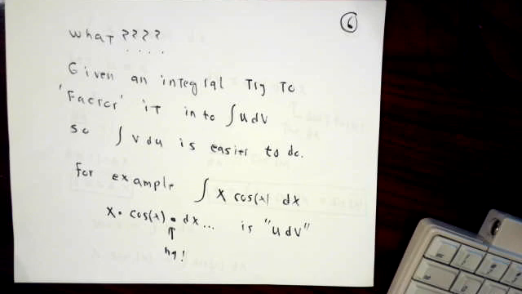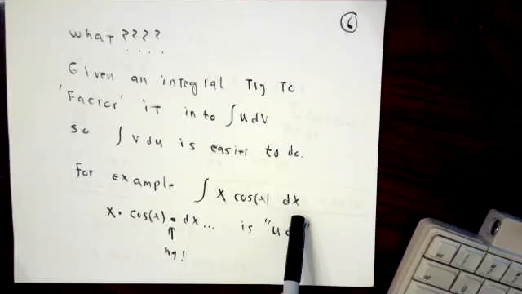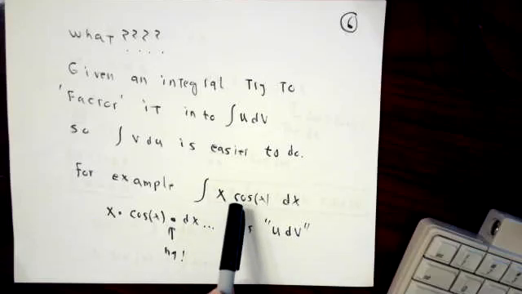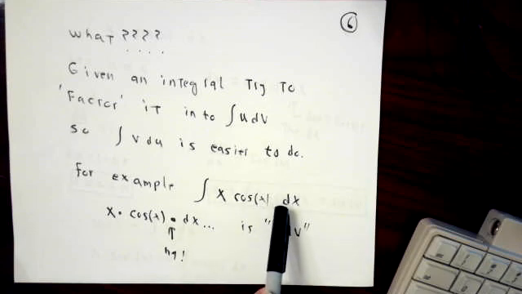That's the generic plan. So I want to find an antiderivative for x times cosine x, really with respect to x, but we're thinking of this as x times cosine x times dx. I've got three things sort of multiplied together.